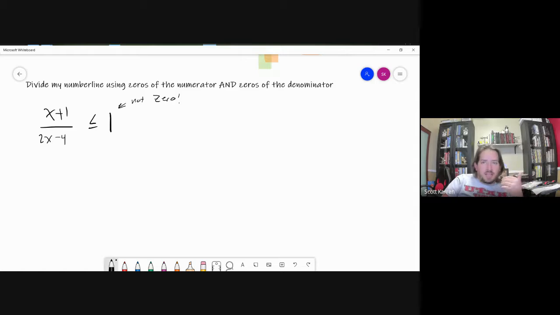Well, what I can do is subtract that to the other side, wrap it up into that rational expression, and then have this thing equal to 0. So I'll minus 1, minus 1. This gives me x plus 1 over 2x minus 4 minus 1 is less than or equal to 0. This is what I want. That's good. For this minus 1, I'm going to just call it 2x minus 4 over 2x minus 4.